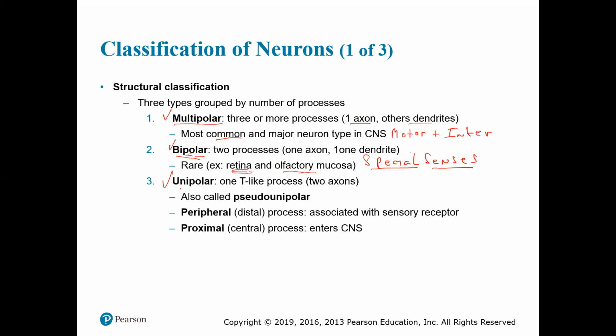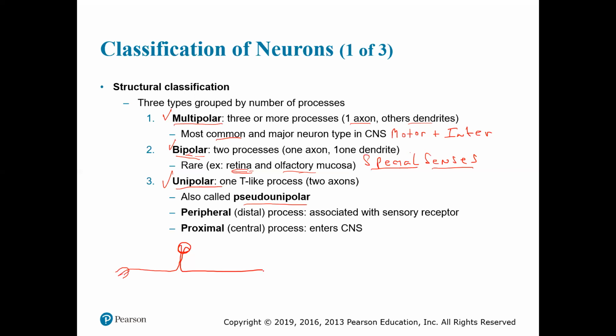Okay, so the unipolar, or sometimes they're called pseudo-unipolar, but why not call them unipolar? These have an axon that comes in, then you have a cell body, and then the axon continues. That's really pseudo-unipolar, or we call it unipolar. So it's got a distal end, say the receptor is here, like a dendrite really.